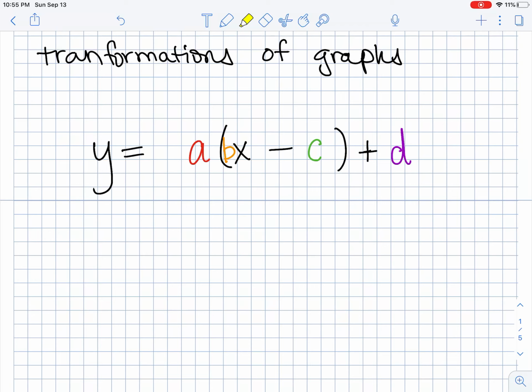So I want you to first look at what's going on outside of the parentheses, okay? Outside of the parentheses is what you would call the vertical transformations, okay? Both A and D affect our graph vertically, and we'll talk about how in just a minute.